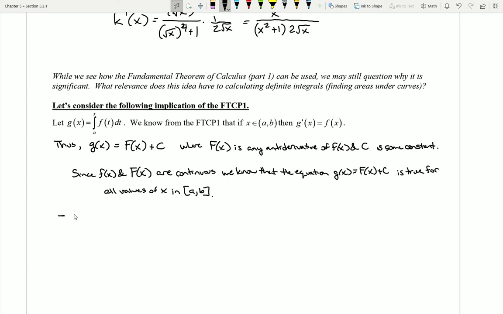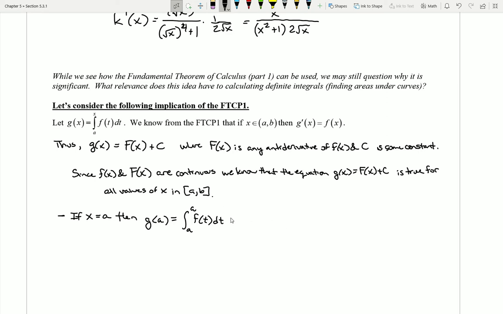Well, now let's take a look at some implications of this. What if I went to this function g of x and plugged in the value of a? Let's just suppose that I did this and wanted to see what happens. Well, g of a would be equivalent to going to my function and replacing x with the value of a. So that would give me the integral from a to a of f of t dt.